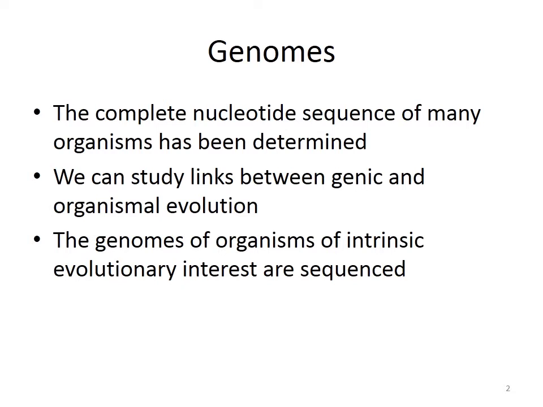Generally, so far, the genomes of organisms that are at branch points or at some place of evolutionary interest are the ones that have begun being sequenced, because in the past, sequencing was rather an expensive undertaking. But now every step in DNA sequencing is automated, mainly through the use of robots.